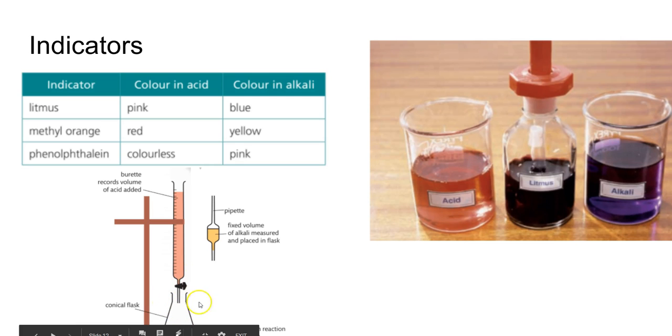At first the color of that indicator is going to be alkali, and then you're going to add acid until the alkali color disappears and you get this more neutral color. After you've added that much acid, you can see how much acid you added, and then they can tell you the concentration of how much base was in that beaker.